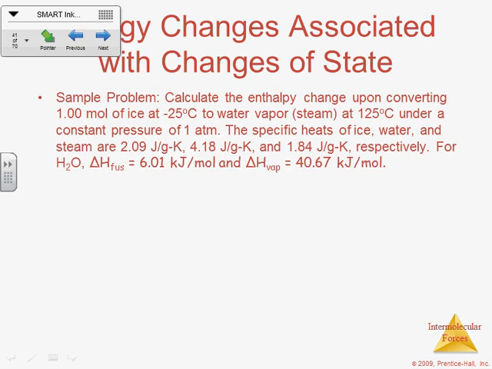All right, now this is a fun problem. This is wanting to know the heat change, or the enthalpy change, if we take 1 mole of ice at negative 25 degrees Celsius and change it into steam at 125 at a constant pressure of 1 atmosphere. Now, this is going to take us back a little bit. They're talking about specific heats here, so that might be your hint that we're probably going to use this equation right here.